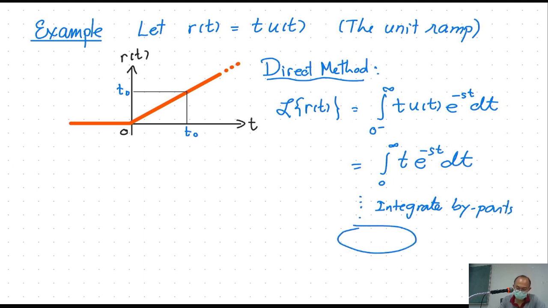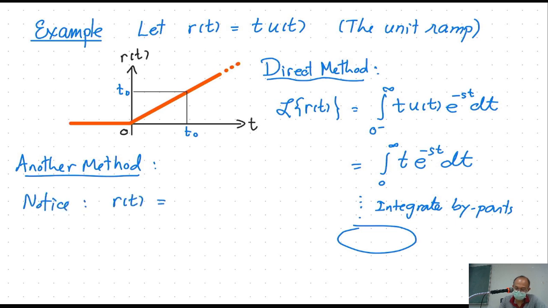Now another method is to use the time integration property. We notice that r(t) is just the integral from negative infinity to t of u(tau) d tau, right? If we integrate the unit step signal, we're gonna get the ramp signal.